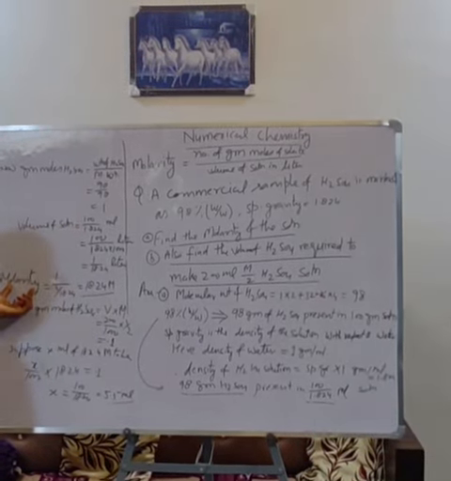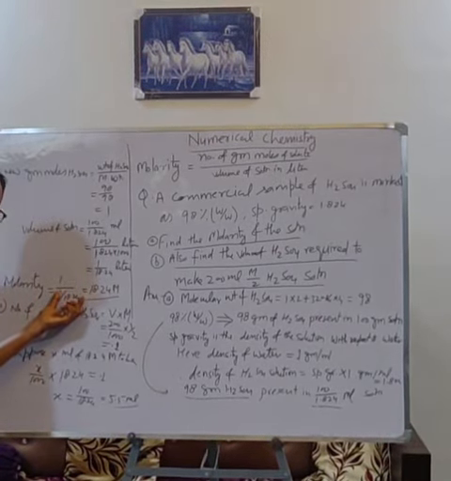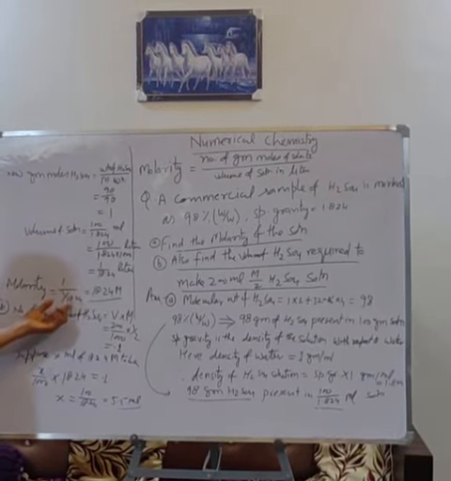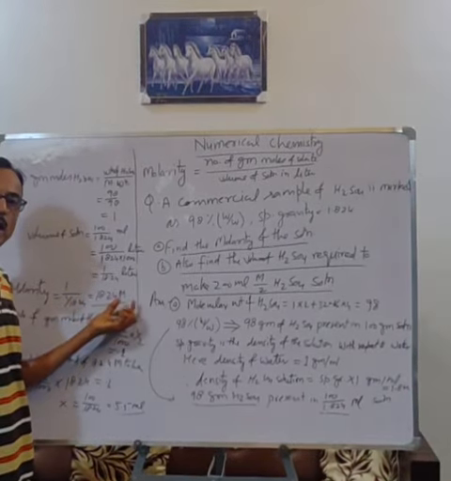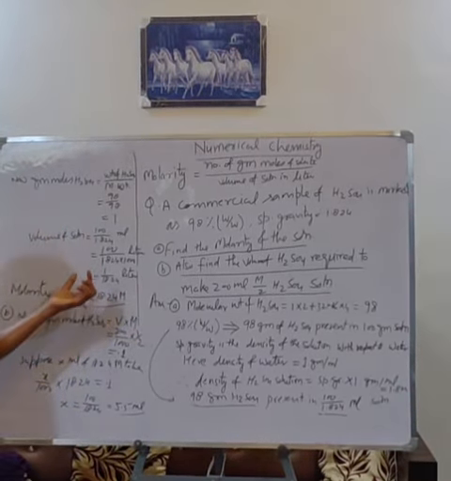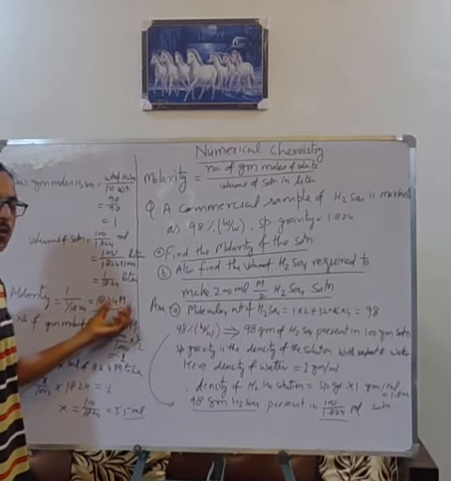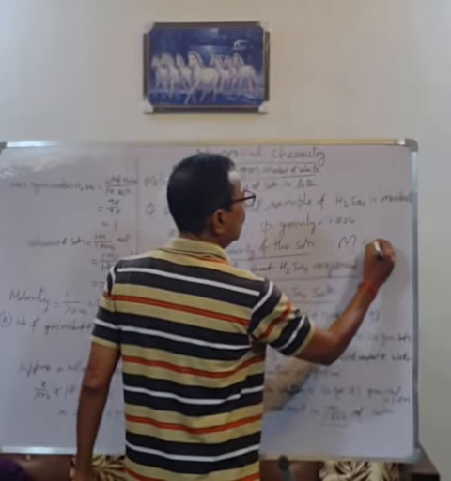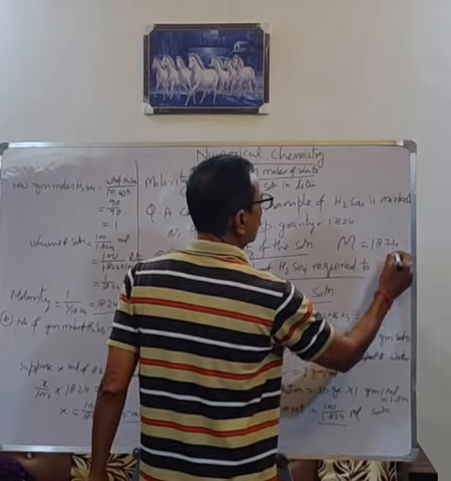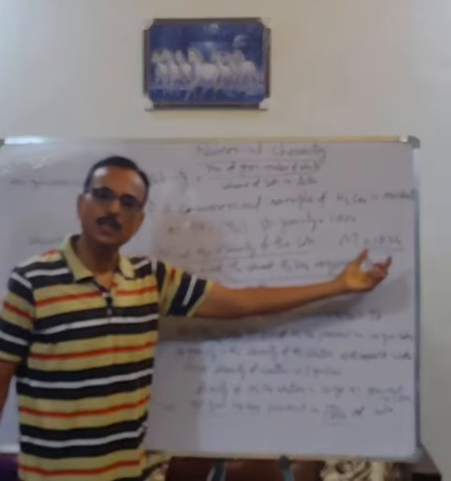So molarity is gram moles of H2SO4 divided by volume of the solution in liter, 1 by 18.24, that means 18.24 M. It means the molarity of the solution is 18.24. So the first answer is molarity 18.24. This commercial sample has this molarity.